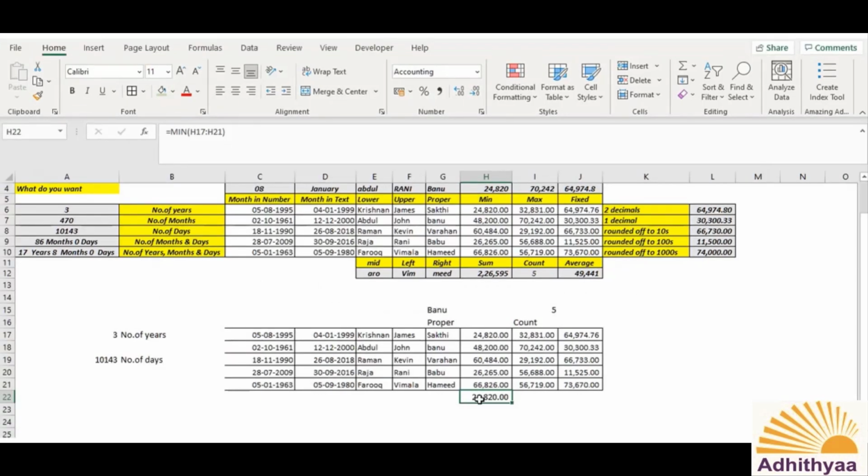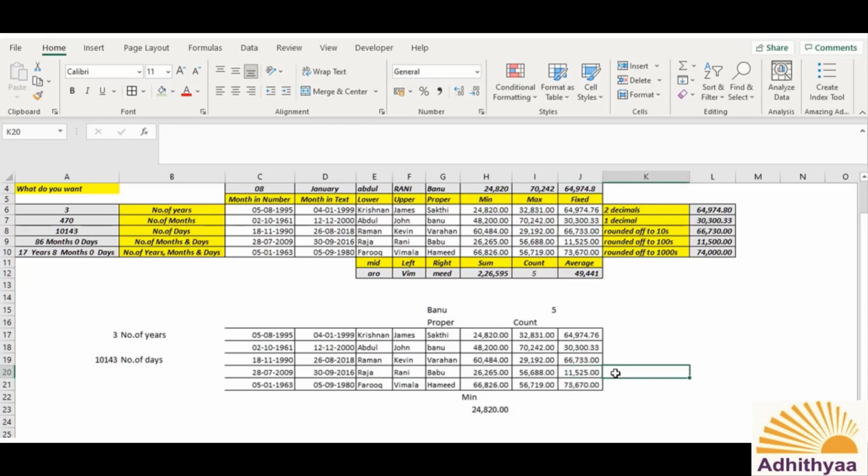Very good. Now I'll move this here so that I'll say it here as minimum. Okay, good. Now 1, 2, 3, 4, 5. Let me take 1. I will round this off. This one is 11,525.